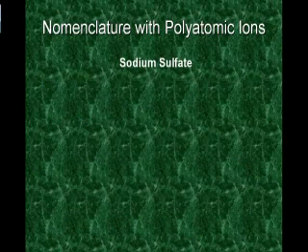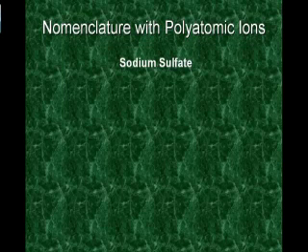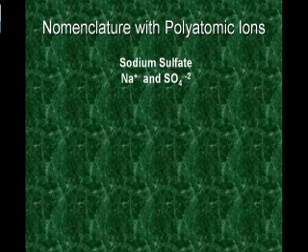So let's take a compound, sodium sulfate, and let's try writing the formula for it. We would go to the periodic table, we would look up sodium. Sodium is Na with a +1 charge. We would look up sulfate on our polyatomic ion table. It's SO4 with a -2 charge.